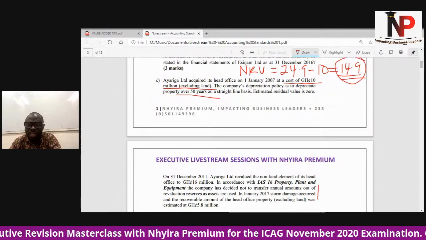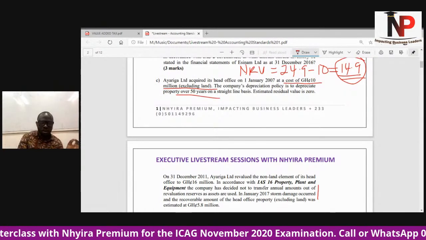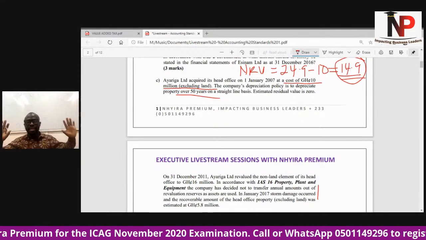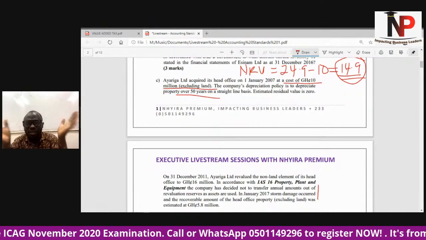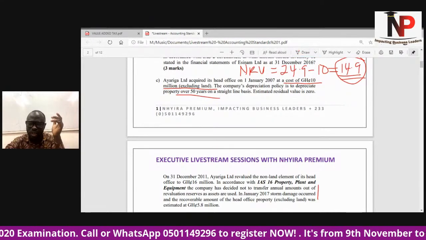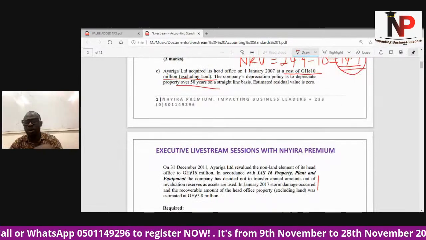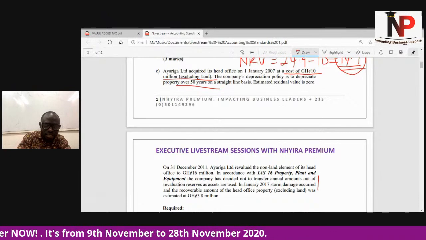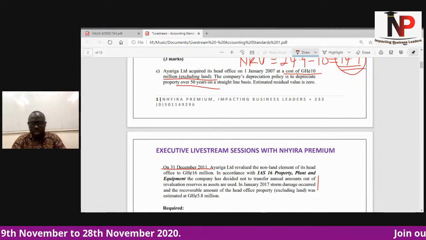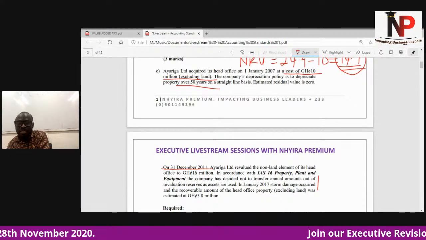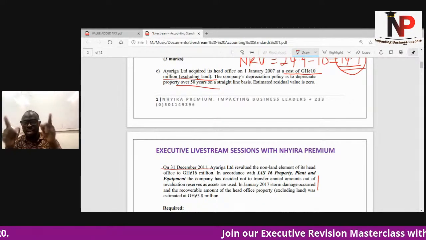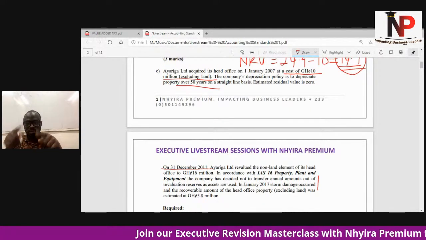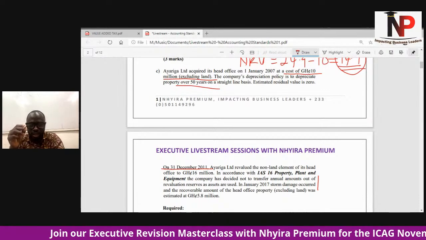On 31st December 2011, okay, take it easy. So let's try to find out what is going on so far in the question. So the asset was bought on 1st January 2007. Then on 31st December 2011, the company is revaluing the assets. So Fiona, in case you have not gone, this is what you're asking about, and it is coming in here.